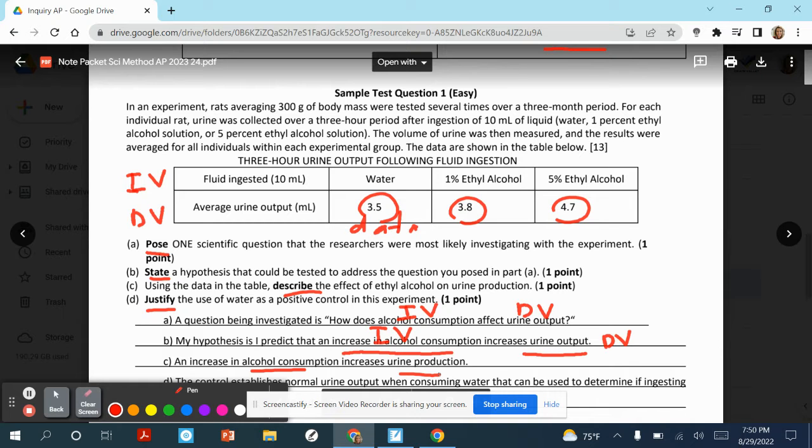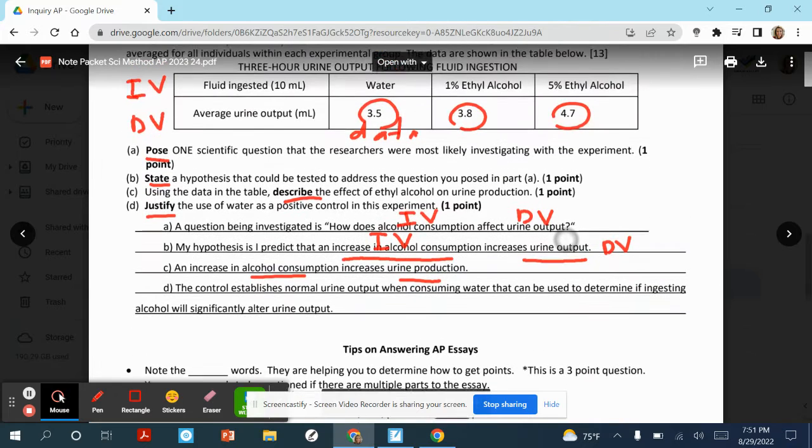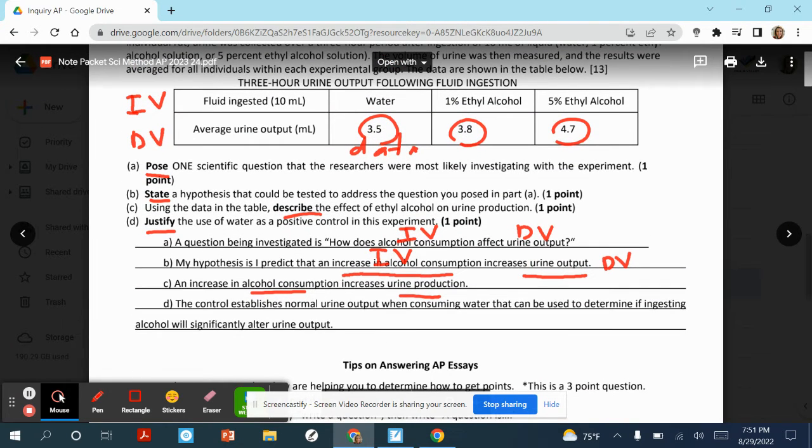And then moving down to this last part, it says to justify the use of water as a positive control. Okay. For answers on this question, students will say, well, water is the control group because it is the norm. And that's what they want to use as their justification. So it is the normal thing that rats will drink, and therefore that is our control group.